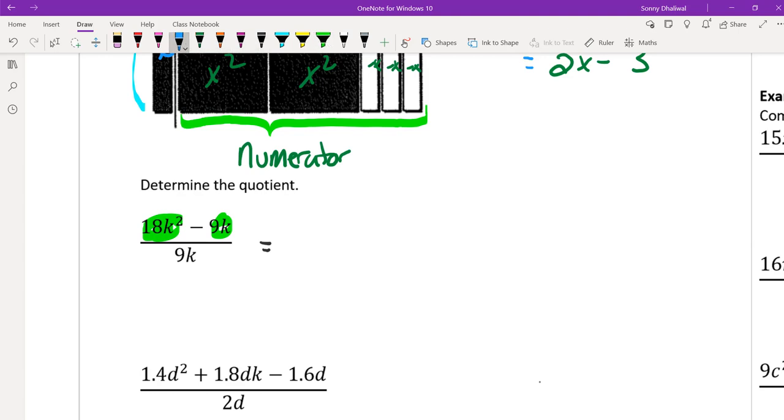We're going to split this fraction up into 2 fractions with a minus sign in between, because that's the sign between those 2 terms. Our denominator doesn't change. We have a 9k and we have a 9k. You're just making it smaller.